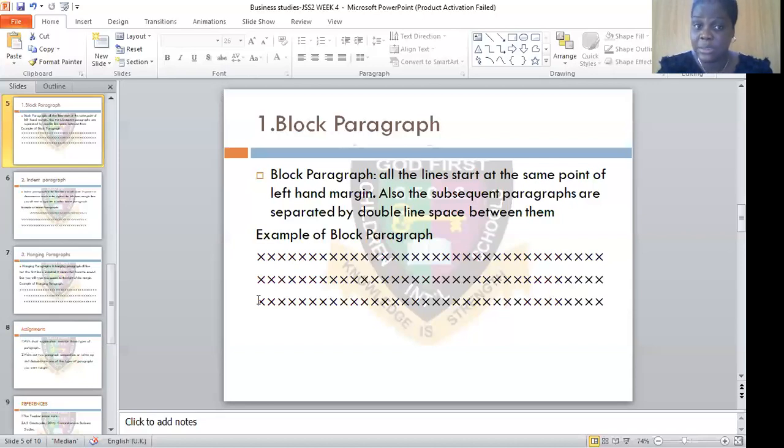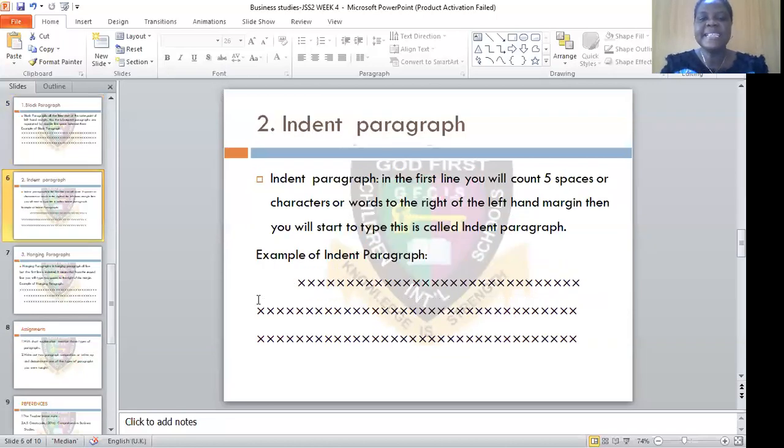Am I well understood? Very good. I believe you do. Don't forget, all lines start at the same point of the left hand margin. That is block paragraph. The next one is indent paragraph.